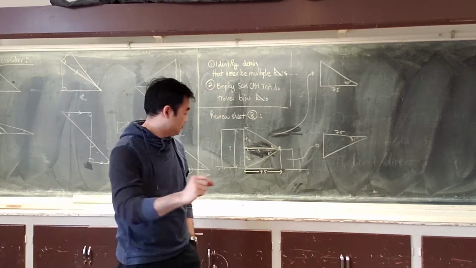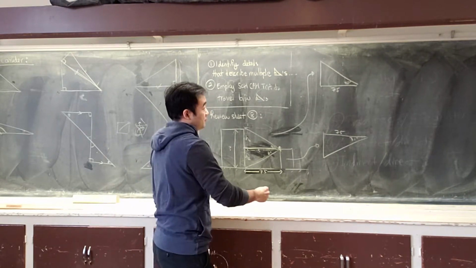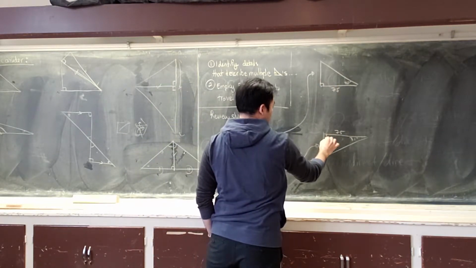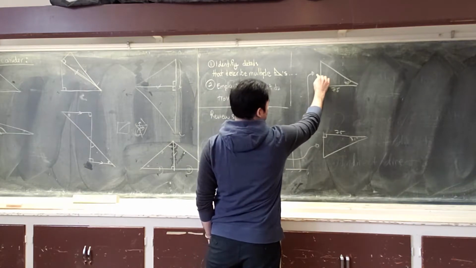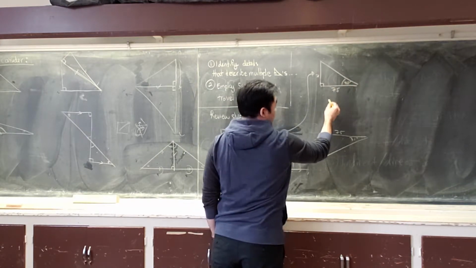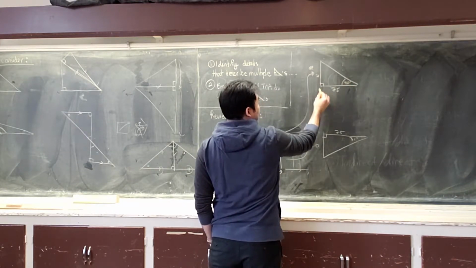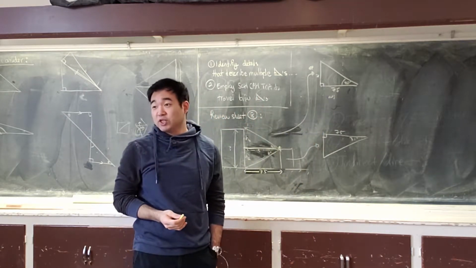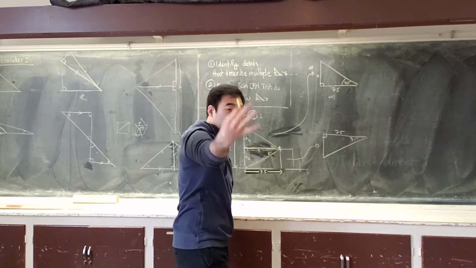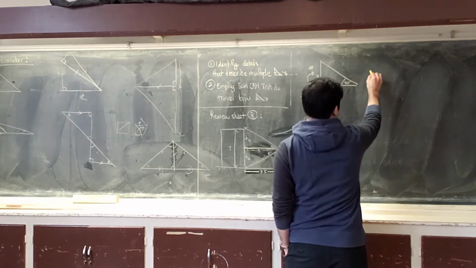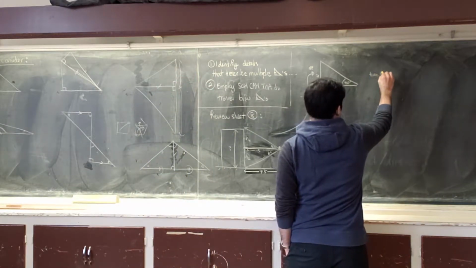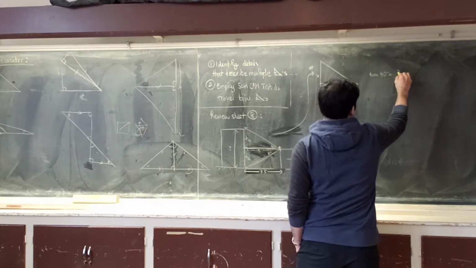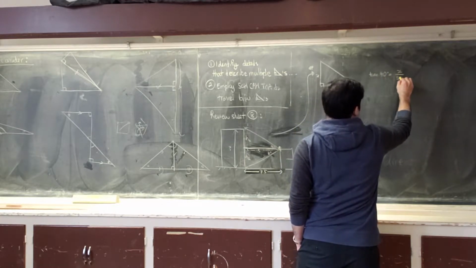Wait, and then you do that, the height of the x, right? Yeah, so let's call this x. From 40 degrees, we have the opposite side and the adjacent side. So setting up the equation: tan 40 equals x over the adjacent side, since 40 is opposite over adjacent.